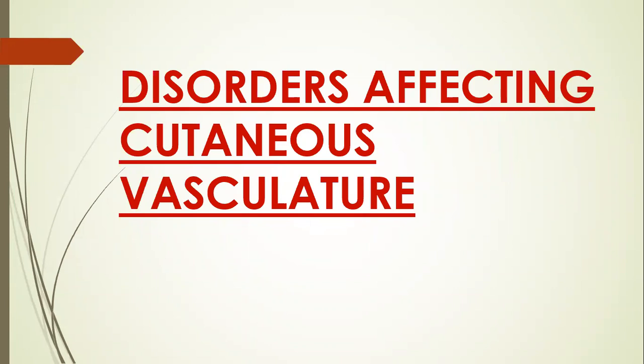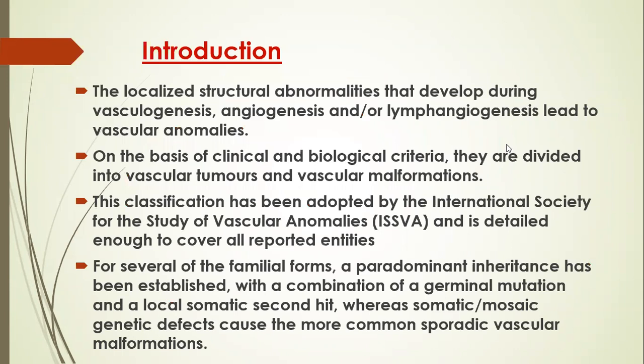Today, I am going to deliver my talk on the topic disorders affecting cutaneous vasculature. Introduction. The localized structural abnormalities that develop during vasculogenesis, angiogenesis, or lymphangiogenesis lead to vascular anomalies.